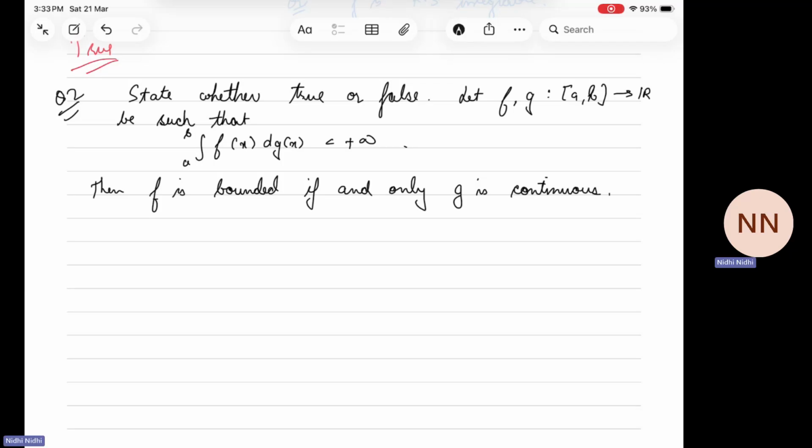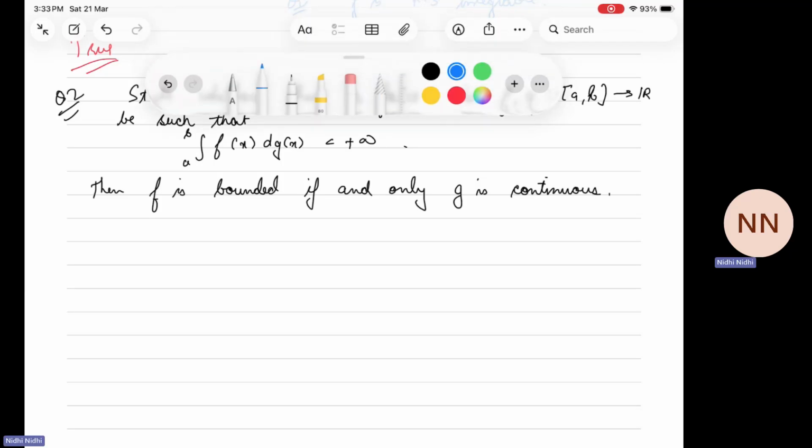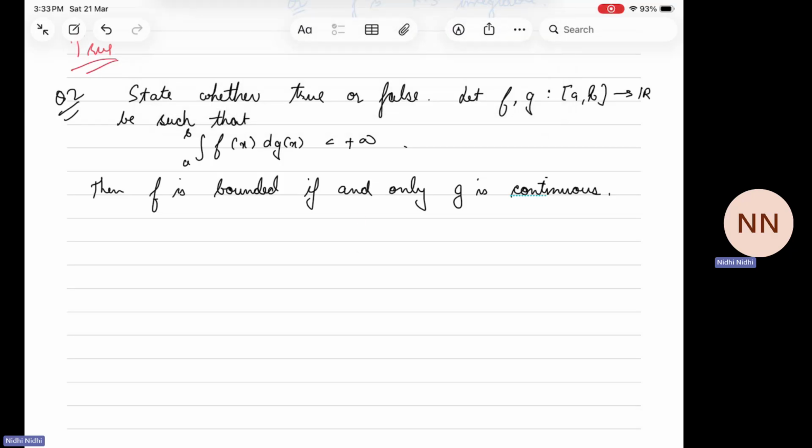Now, if you can recall the results that were discussed in the class, it was said that if f is bounded, then in order for f to be RS integrable with respect to the function g, g should be continuous at the discontinuities of f. So it needs to be continuous only at the discontinuities of the function f.